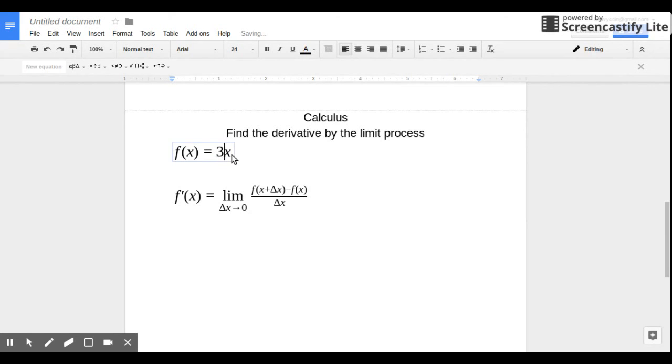Let's put a 3 here, and let's add a constant. We'll add 1. So we have f of x is equal to 3x plus 1, and we want to find f prime of x.